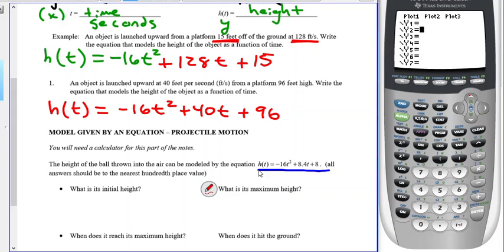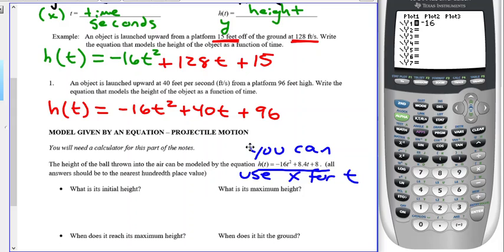So you're going to have y equals negative 16. On the calculator, instead of t, you can use x. It's all going to work out the same.